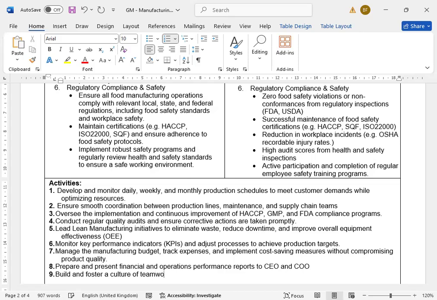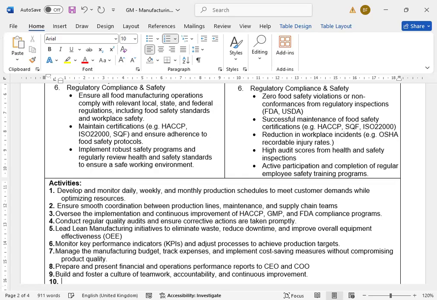Teamwork, accountability, and continuous improvement. CI. Continuous improvement. Okay.